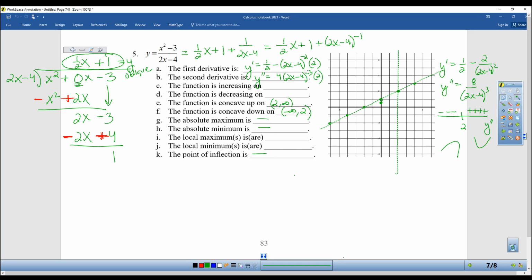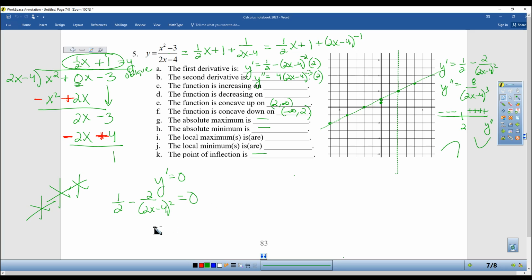But I do need to get the maximum by taking the first derivative and setting it equal to 0. So 1/2 minus 2 over (2x minus 4) squared. I will say this gives people a lot of trouble, solving this equation, this algebra.